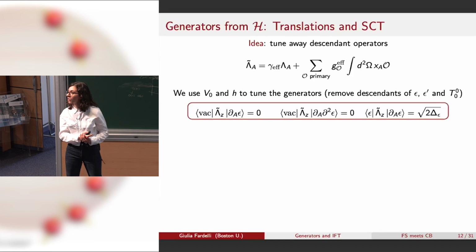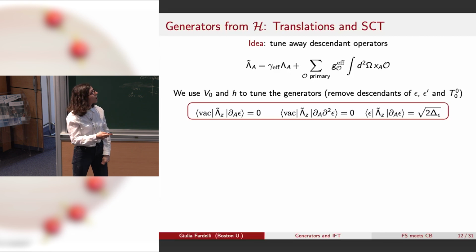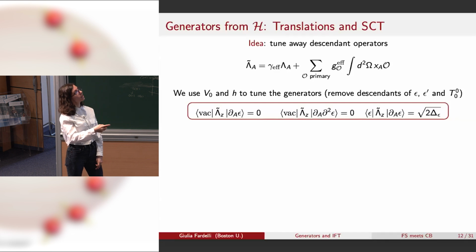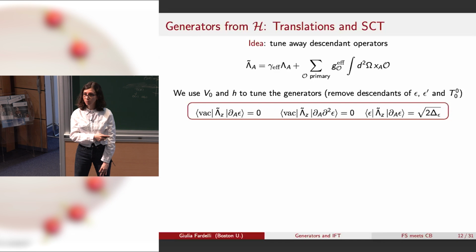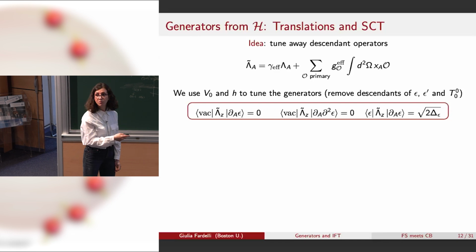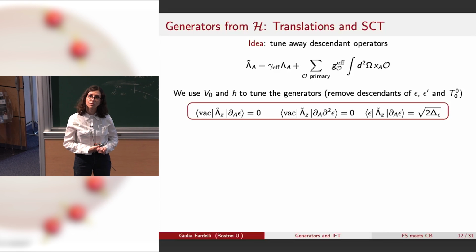But T00 is a Hamiltonian density on flat space, right? What do you mean? No, everything is done in R times S2. Okay, yeah. The original Hamiltonian, the V0 and H were chosen so that the spectrum is as close to Ising as it can be, right?